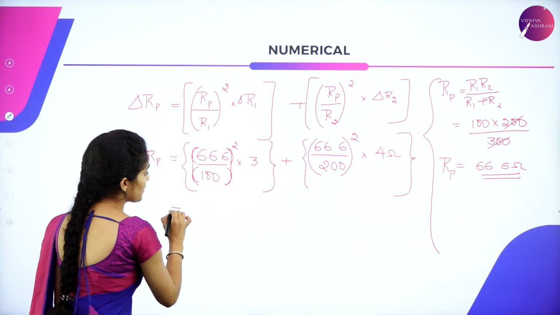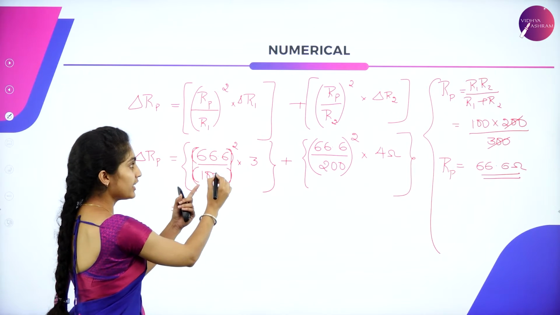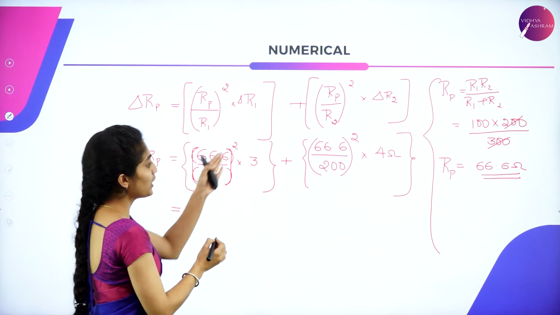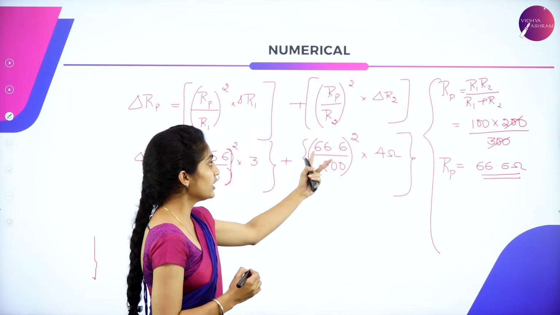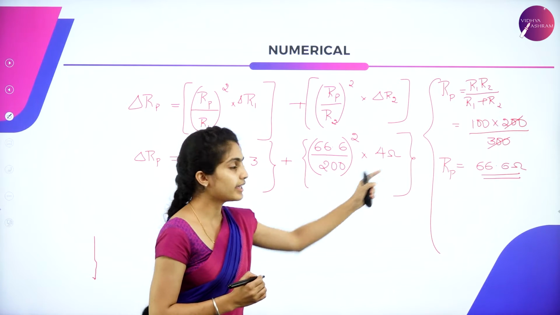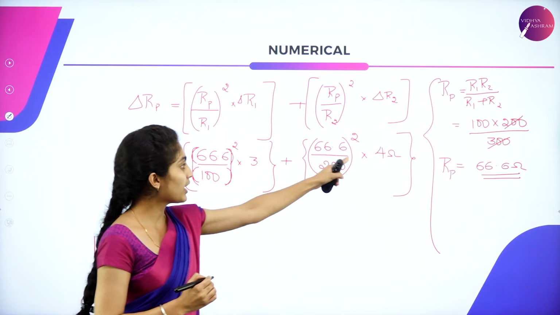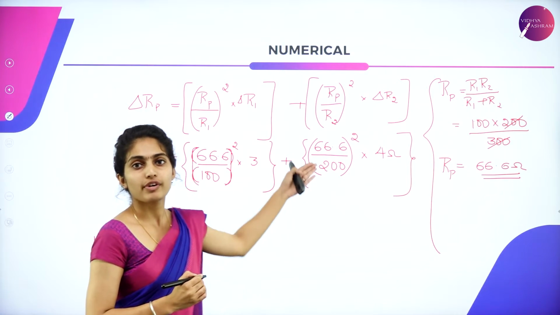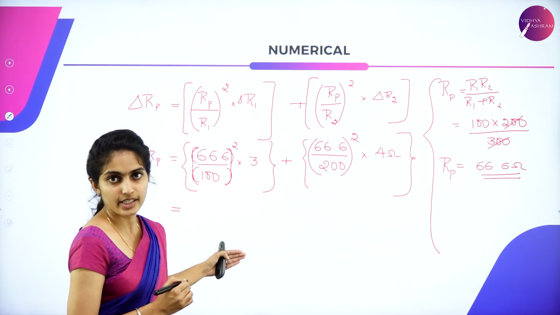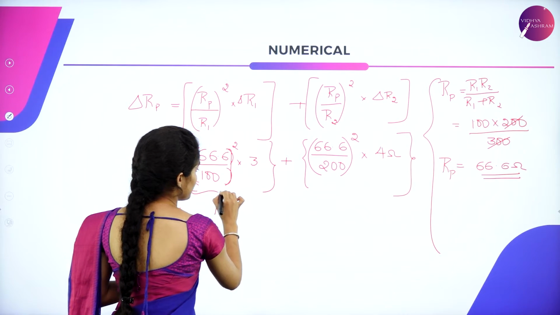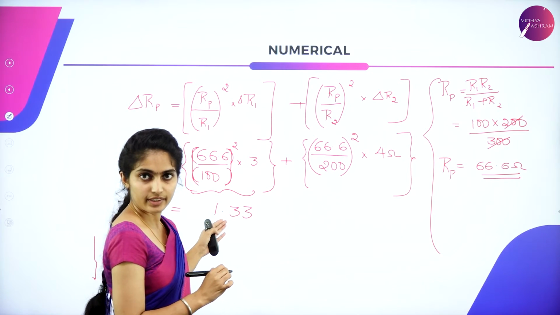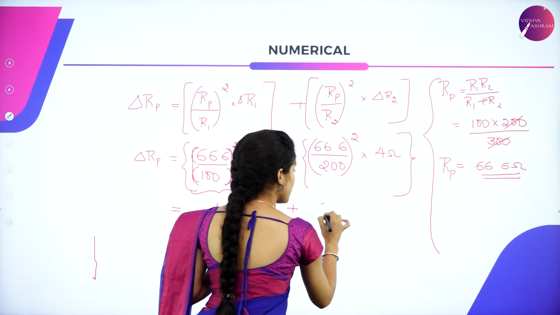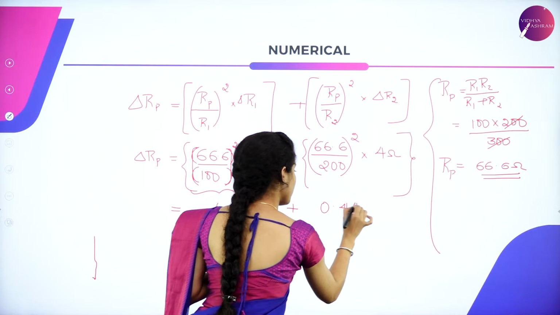So on simplification, when you divide this, square it, and multiply with this number, again dividing first these two, then squaring it and multiplying it with this number, the final result you're getting is around 1.33 plus 0.44.